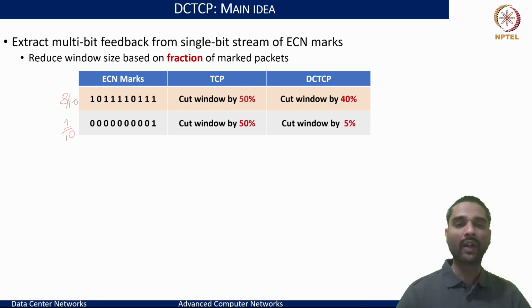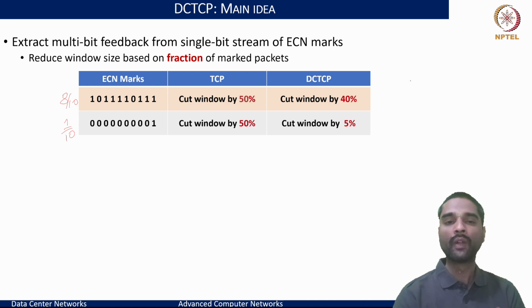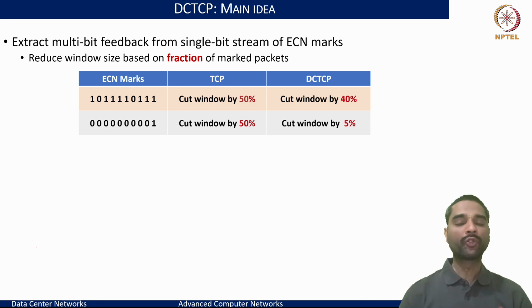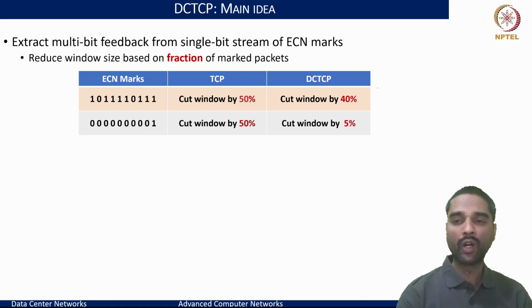So if I see ECN marks of 8 over 10, instead of cutting the window size by half, what I would now do is cut the window size in proportion to the number of packets that I received as ECN marked.